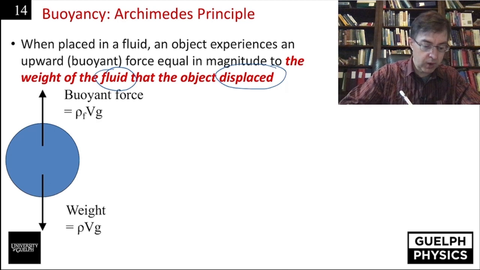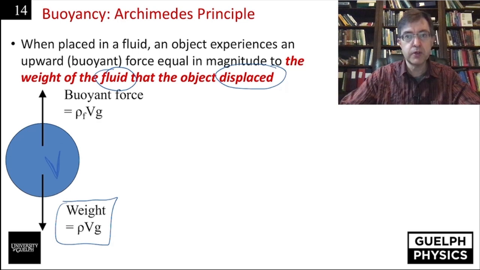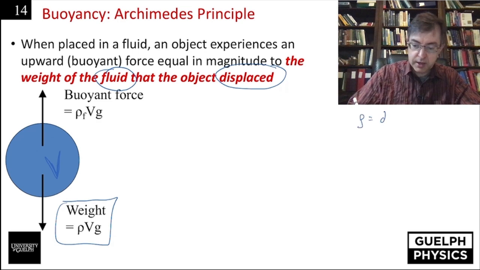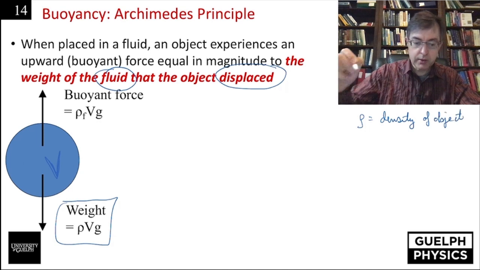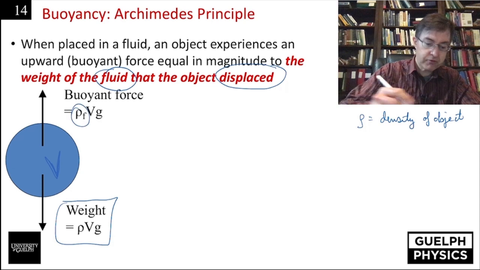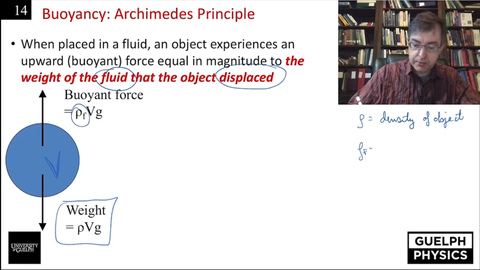So the weight of the particle is rho times its volume V, so the particle has a volume V, times g, that's just mg, where rho is the density of the object. But the buoyant force involves rho_F, which is the density of the fluid that surrounds the object.